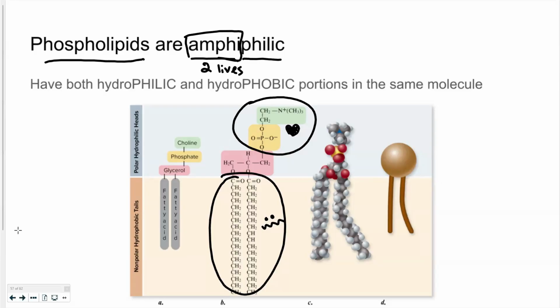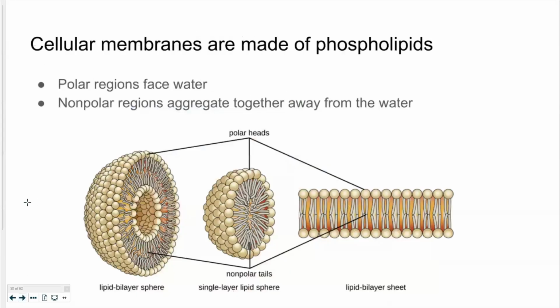They are going to do something really awesome. They are going to spontaneously, without any extra energy input, and within milliseconds, form one of these three structures. But we're going to spend most of our time talking about this phospholipid bilayer.